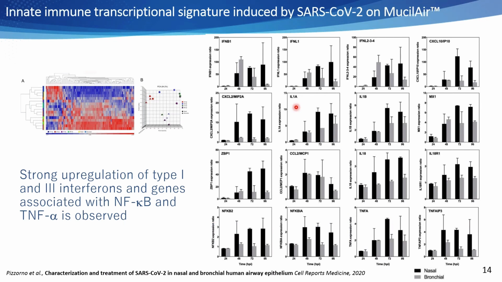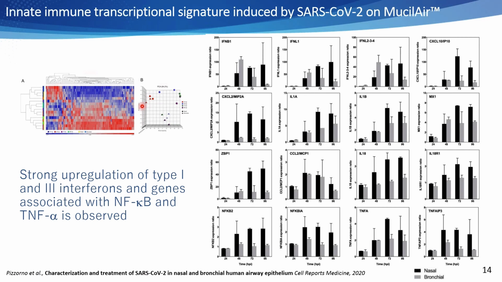Also, the human airway epithelium is not only a physical barrier, but it's also a highly potent immunoregulator. And in this study, it has been shown, using a NanoString technology, that innate immune transcriptional signatures are induced by SARS-CoV-2 on mucociliary models.